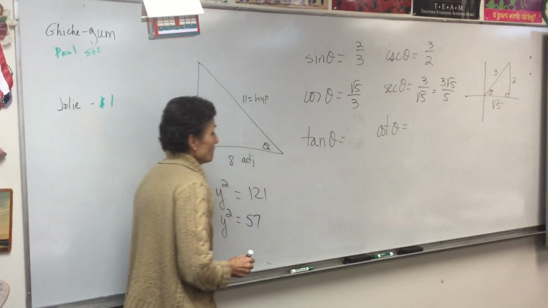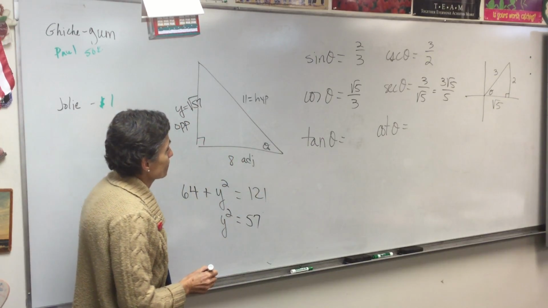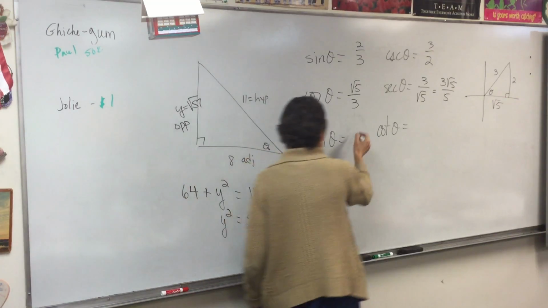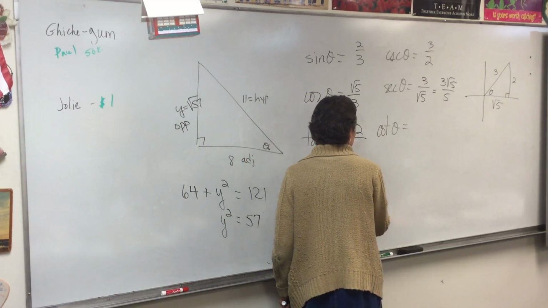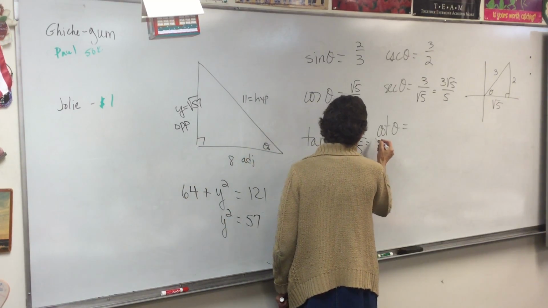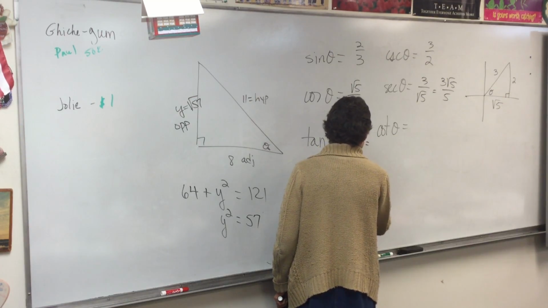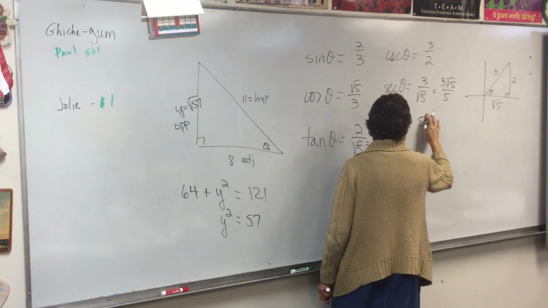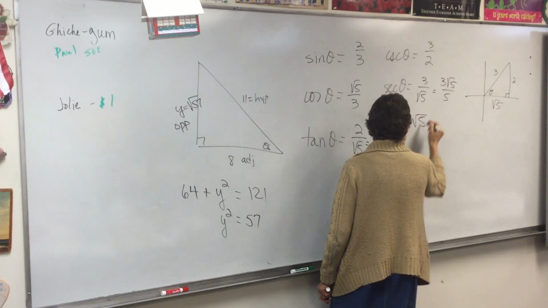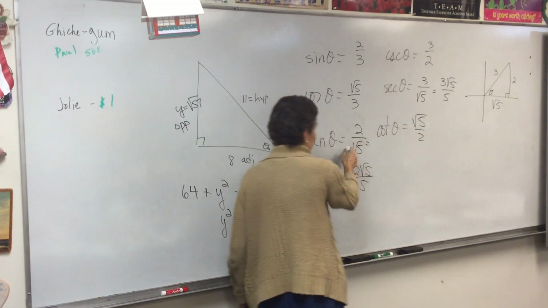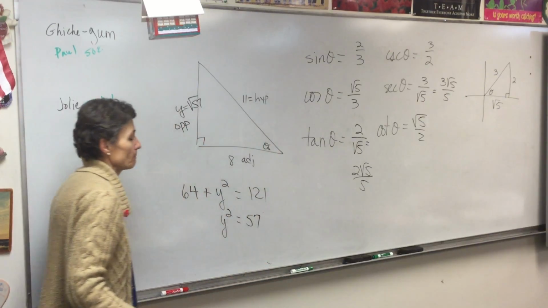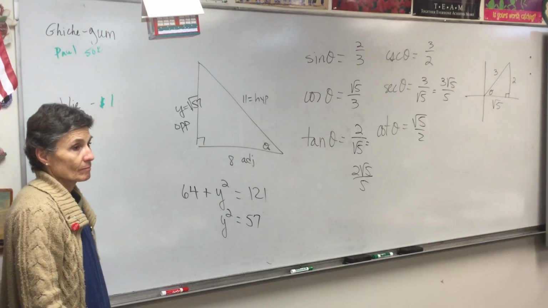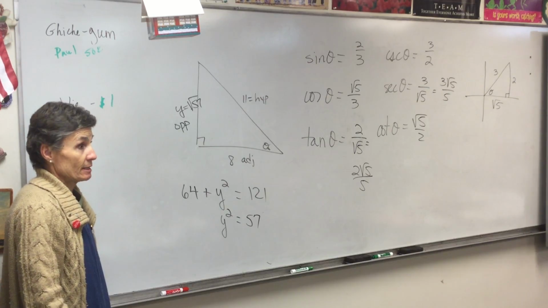What about my tangent? Or 2 root 5 over 5. And then my cotangent would be root 5 over 2, the reciprocal of the tangent. I think that's pretty easy.